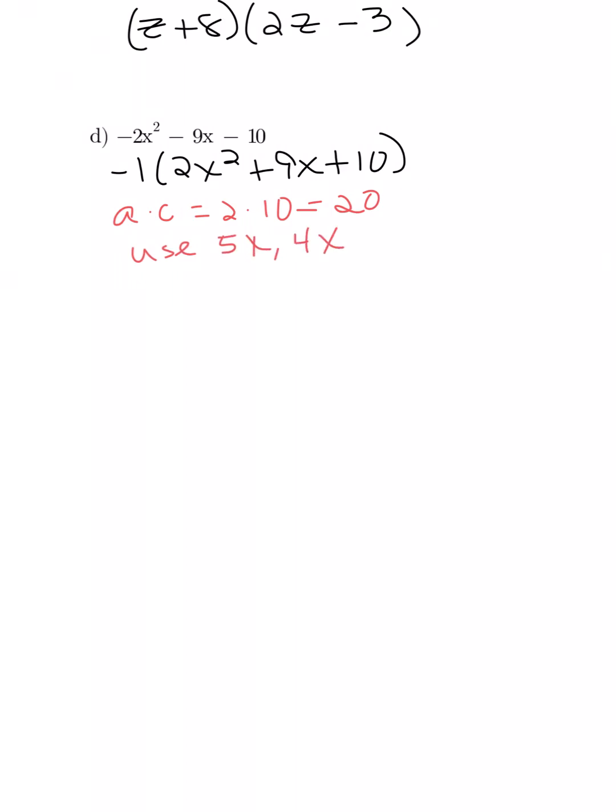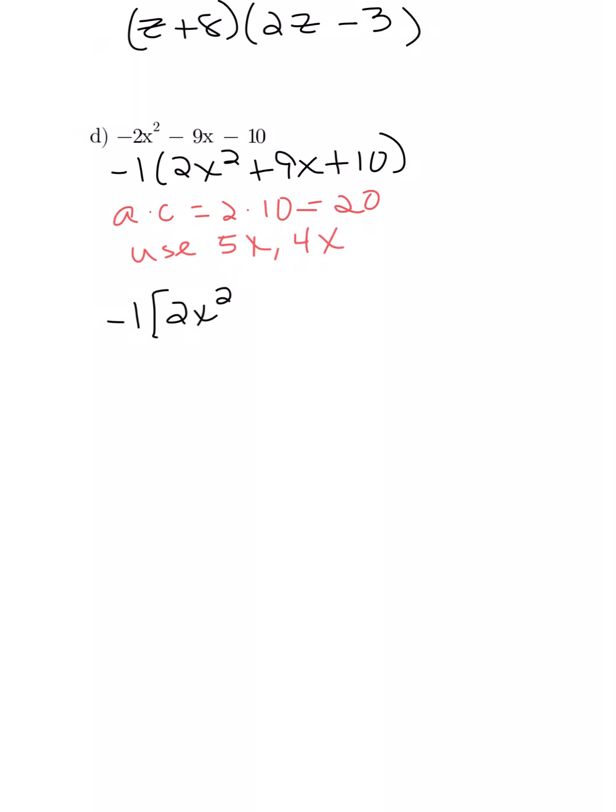When we start our rewrite, we have to keep that negative 1 out on the very front. Now, because I'm going to have a bunch of terms in here, I'm going to use a bracket just to change up my grouping symbol a little bit. We're going to keep the 2x squared.